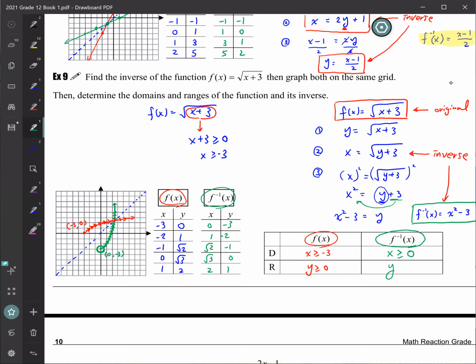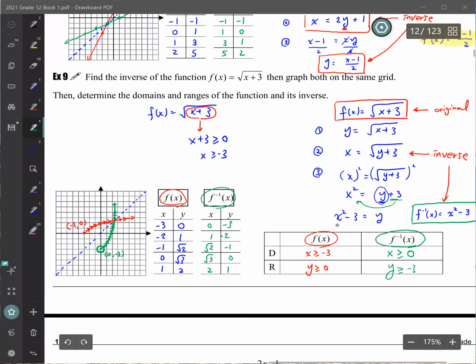Y is greater or equal to... Equal to, where's the starting point? -3. Yes, okay? So you just need to find out where the starting point is, okay? Understand, Jocelyn? Yeah. Okay, yeah.